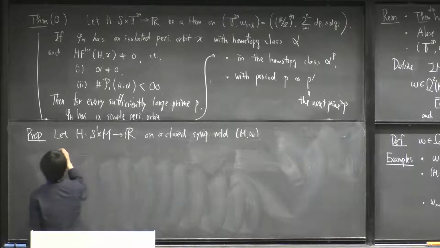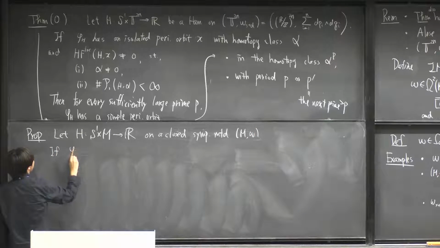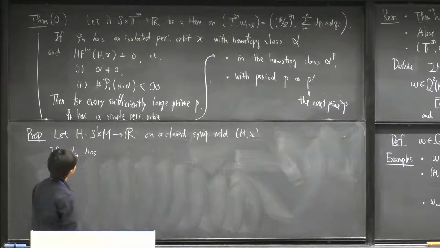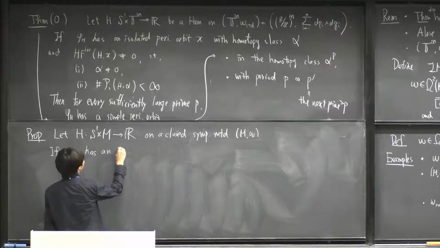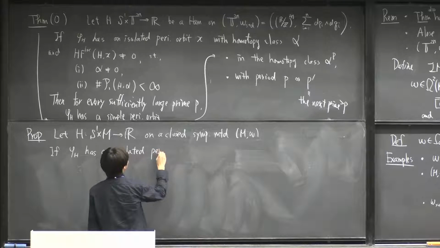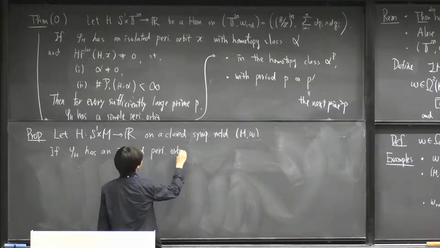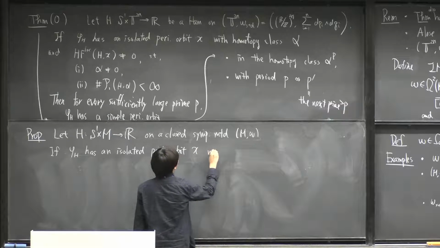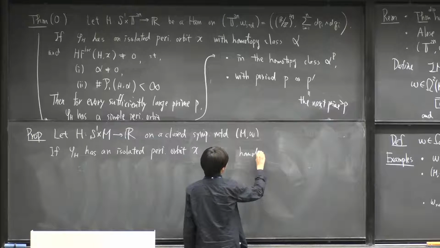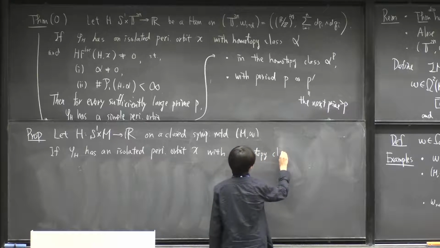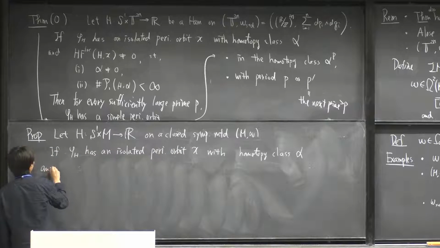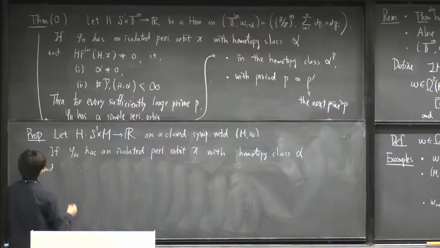And if phi_H has an isolated periodic orbit x with homotopy class alpha, and the local Floer homology doesn't vanish.